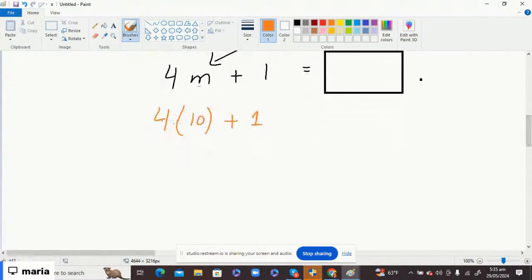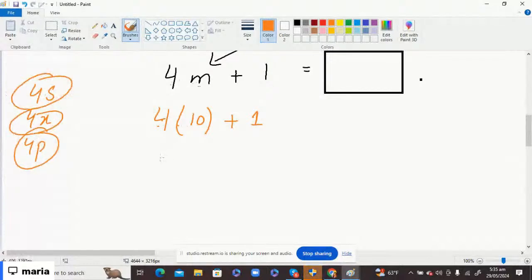Here is multiplication. If two things are written like this with no sign between them, for example 4x, 4p, it means these are multiplied. So 4 times 10 is 40, plus 1 as it is. 40 plus 1 is 41. So here is our answer.